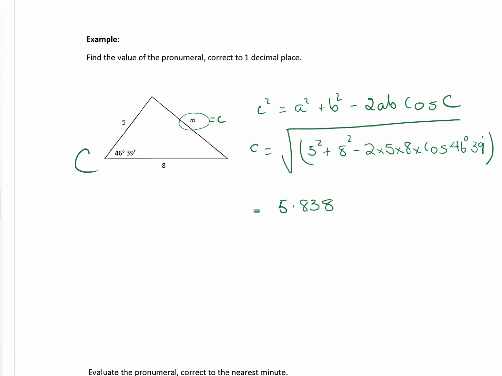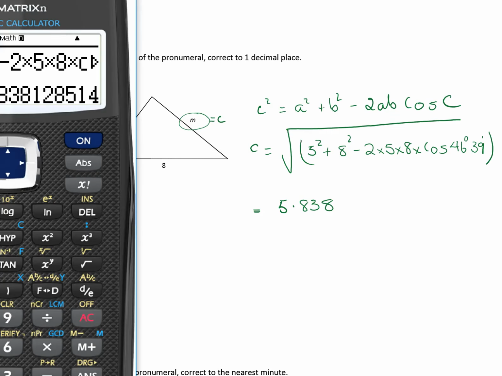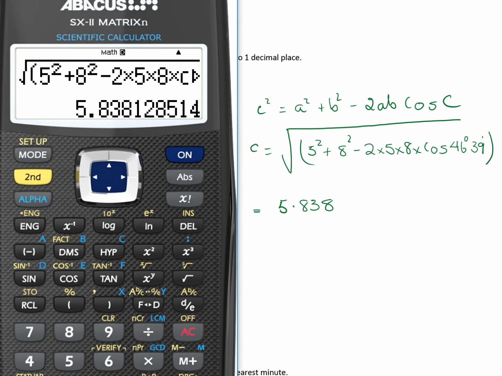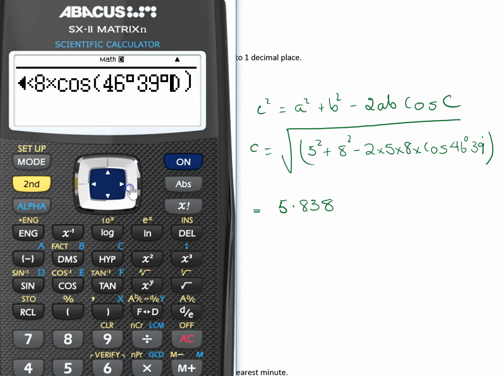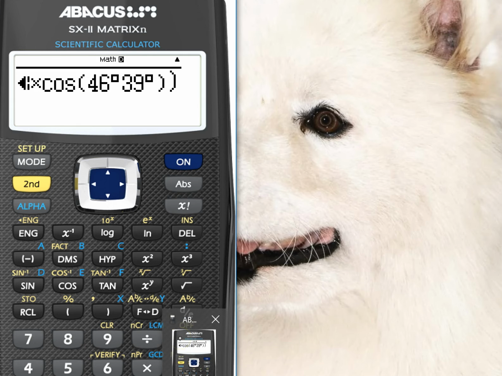So going to the calculator, provided I've put that all in correctly, 5 squared, 8 squared, 2 times 5 times cos C. Whoops.